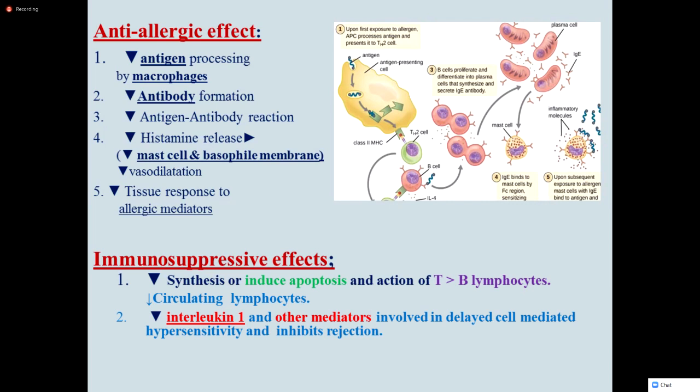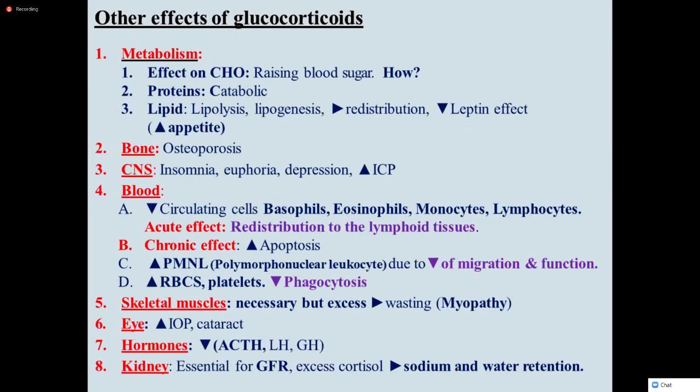So ultimately, it decreases the concentration of circulating lymphocytes. As we have seen, it decreases interleukin 1 and other chemical mediators which were involved in delayed cell-mediated hypersensitivity and rejection reactions. So this can be the drug of choice for immunosuppressive effects. Besides these effects, these glucocorticoids may have some other effects also.